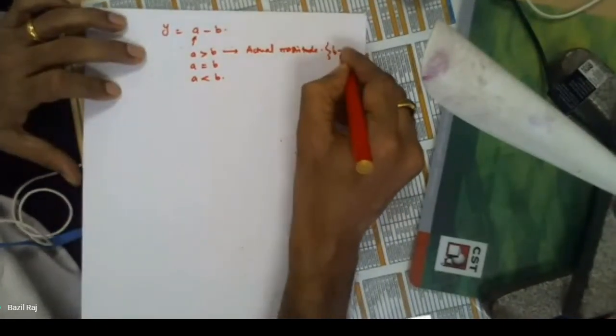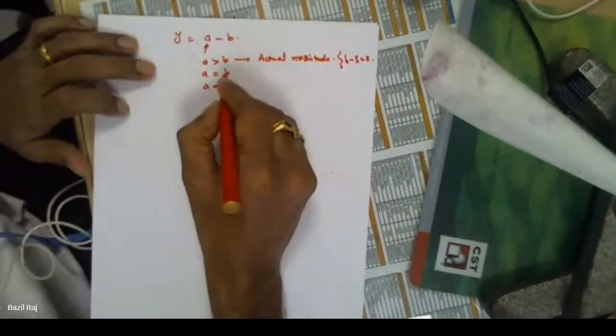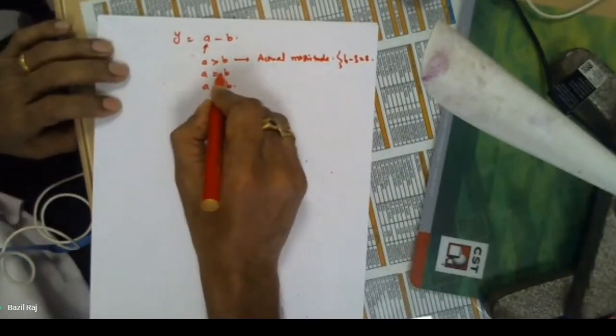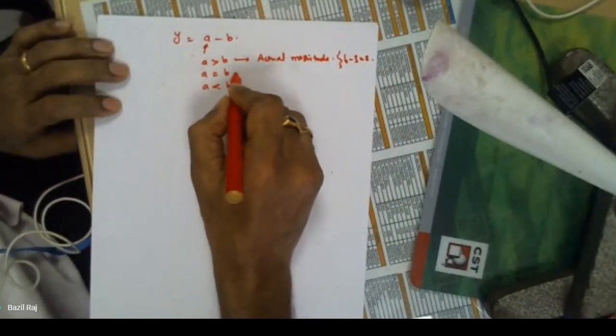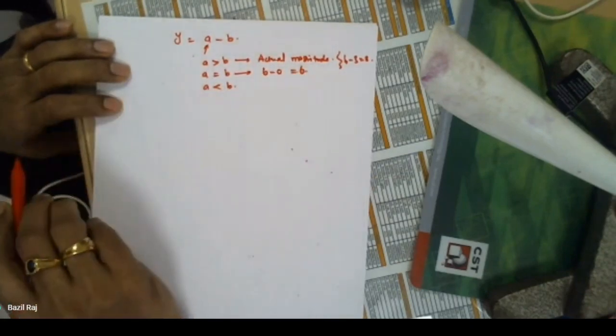For example, 6 minus 3 equals 3. And if A equals B, then 6 minus 0 equals 6 only, right?